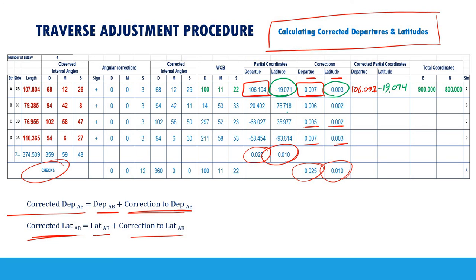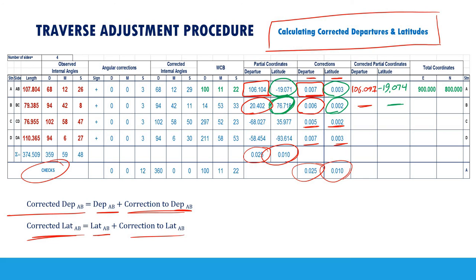You will use the same approach. So the correction to latitude here is 76.718 minus 2 millimeters. You write down the number here. And for the departure, the same thing. The correction to departure is this value minus 6 millimeters. You write down the number here, and so on.